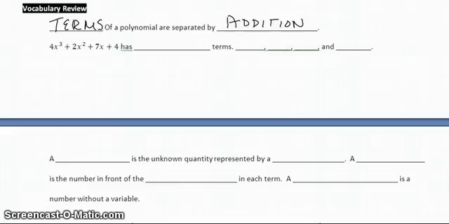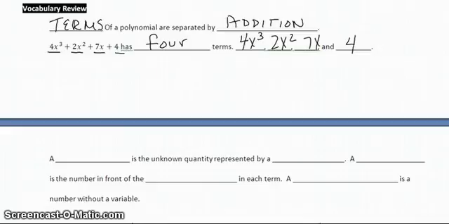So in 4x to the third plus 2x squared plus 7x plus 4, this has 1, 2, 3, 4 terms. And they are 4x cubed, 2x squared, 7x, and 4. So I have 4 terms.